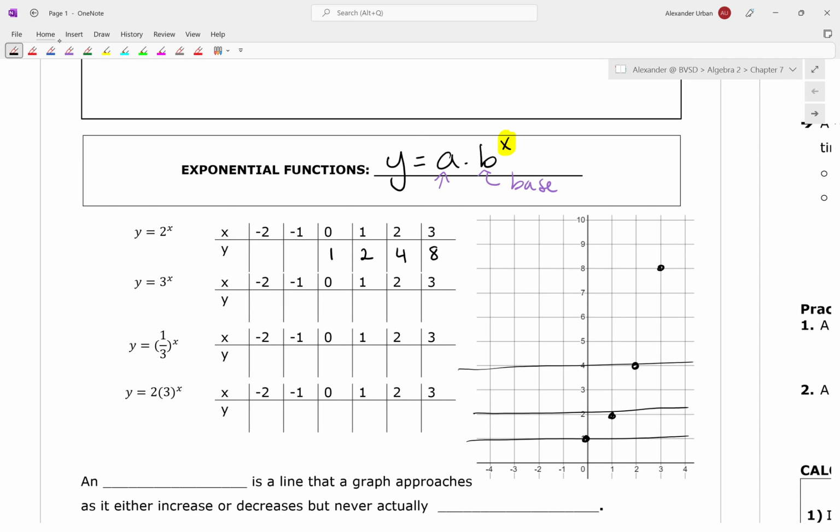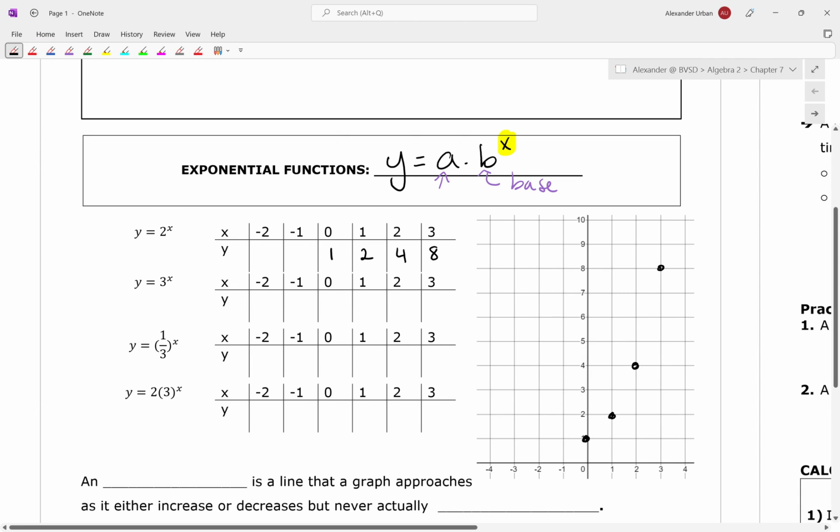If we think about this in a different sense, what we're doing here is either doubling or cutting things in half, or if I have a negative power, I have the reciprocal value. So negative 1 right here, its output is the reciprocal of 2, which is 1/2.